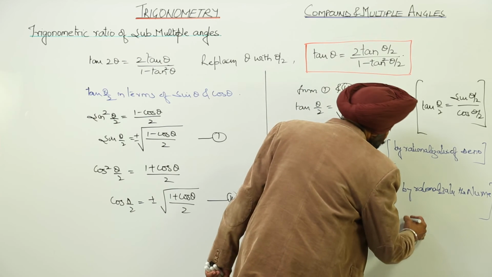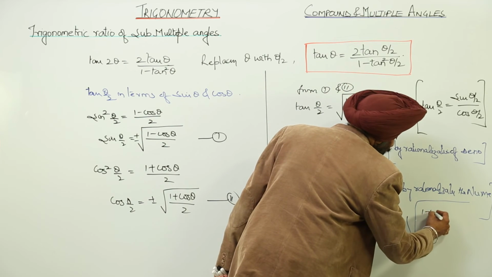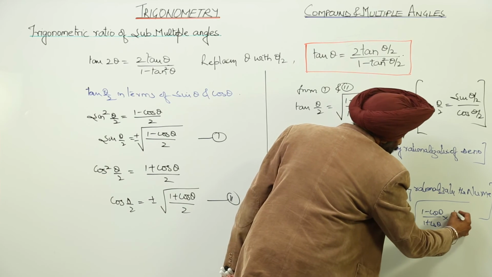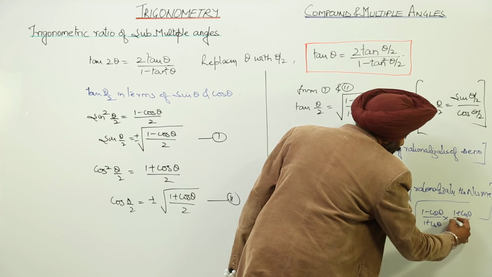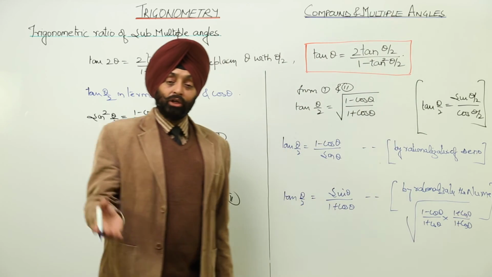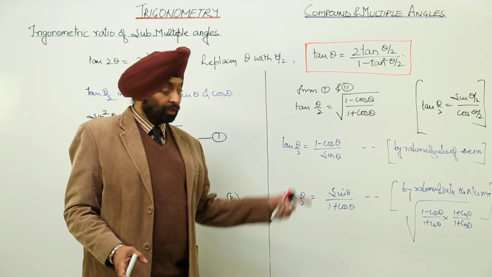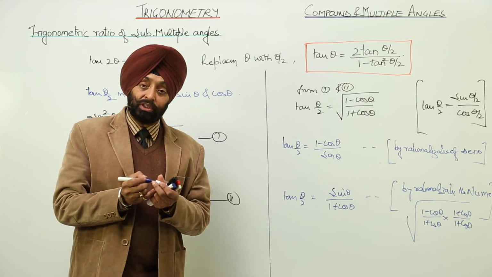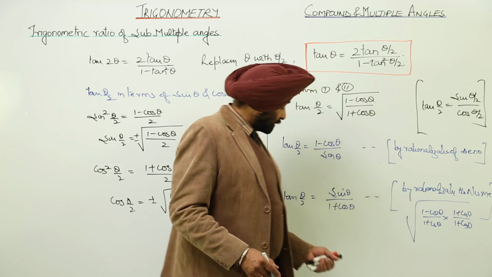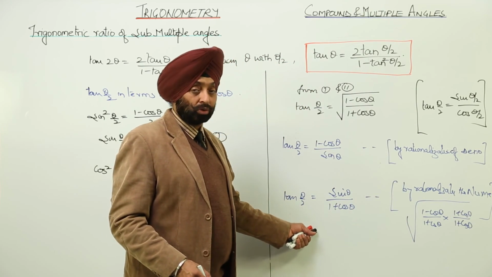Now how will it be? I have taken 1 minus cos theta upon 1 plus cos theta times 1 plus cos theta upon 1 plus cos theta. So what will it become now? In the numerator it will become sin square theta. In the denominator it will become 1 plus cos theta whole square. So taking whole square common, we are left with sin theta upon 1 plus cos theta.